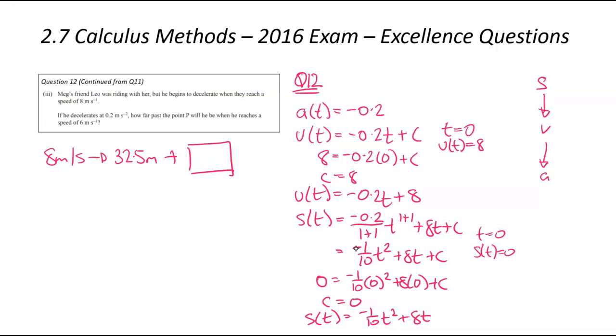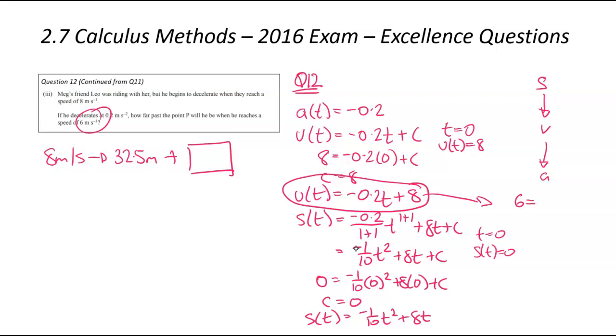All right, now that we've got the displacement equation, like the previous question, we need a t value to substitute into that to find out how far they've traveled from that point. The only issue is, the other bit of information we've got is velocity, nothing to do with time. So again, we're going to yank out our velocity equation, and our known velocity is 6.